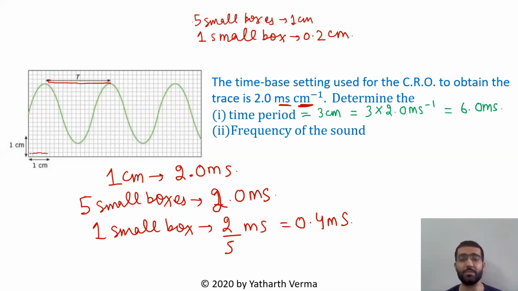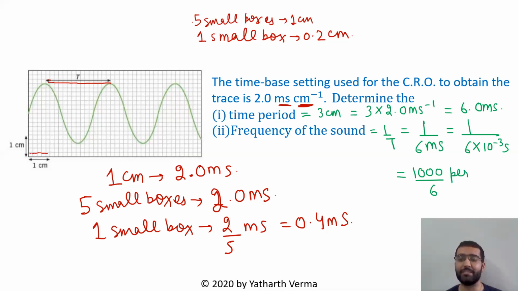Now, what is the frequency? They're asking the frequency of this. Frequency is 1 upon the time period, equal to 1 upon 6 milliseconds. That is 1 upon 6 into 10 raised to minus 3 seconds. That becomes 1000 by 6, right? And what is the unit? Per second.